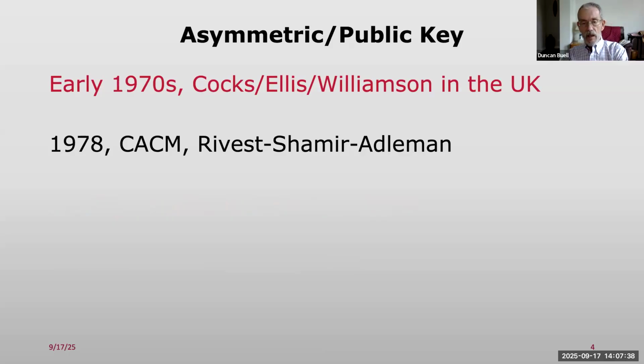The UK's Government Communications Headquarters, GCHQ, the cipher organization in the UK, kept it secret. And in 1978, Ron Rivest, Adi Shamir, and Len Adleman, working at MIT, came up with an asymmetric public key cryptosystem and published it in Communications of the Association for Computing Machinery.